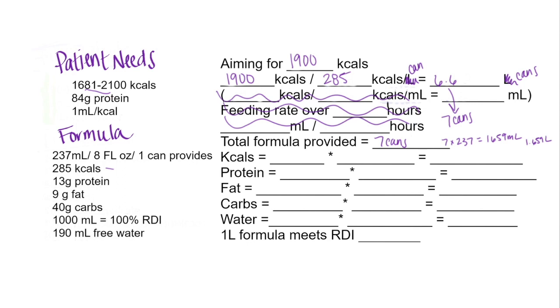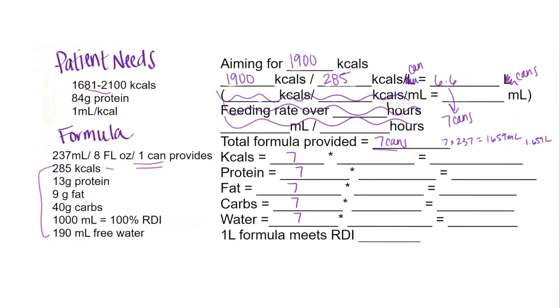Now, if we look over at our formula, you can see that all of this information was based on one can. So that means that the first number that's going to go into our next set of equations is going to be the total number of cans that we're providing, and then we'll multiply it by all of this formula information to get the total number of nutrient provisions. So that means I'm taking my 7 cans and plopping that number right here in the first spot.